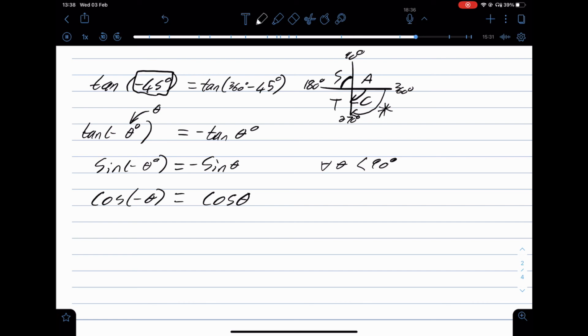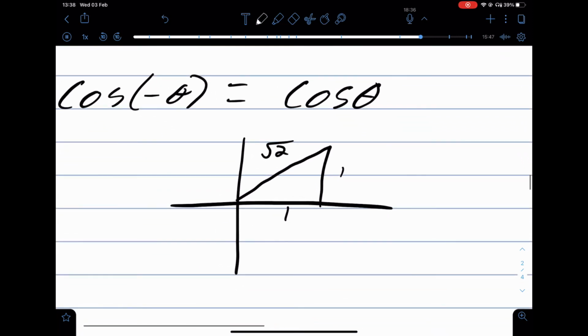You can plug in, if you want, we can do an example here. If we have a triangle in the first quadrant, again, I'm going to use 45 degrees because it's just the easiest one to show, but you can do this with any angle you'd like.